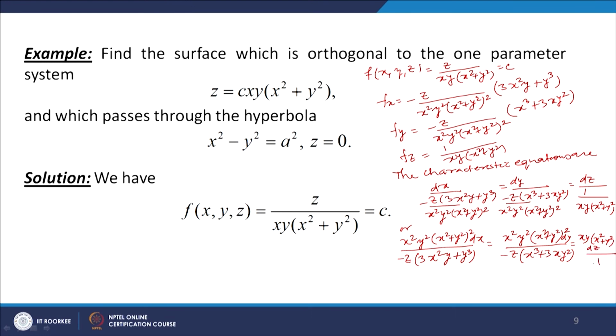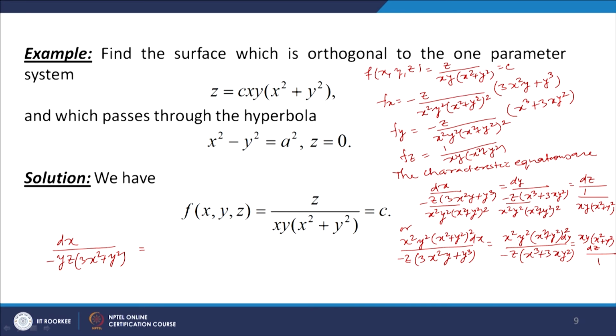Okay. So what we do, we first divide by x square y square (x square plus y square) whole square. Let us divide that. So we get dx upon minus z, and here also I can take y common, so minus y z, and then we have (3x square plus y square).